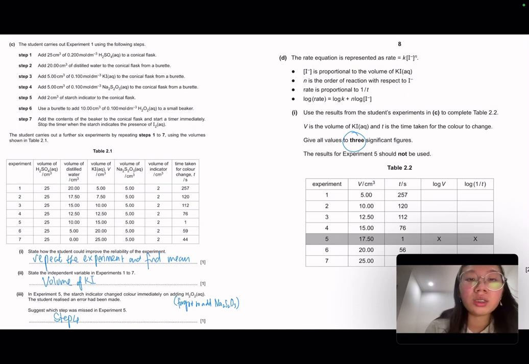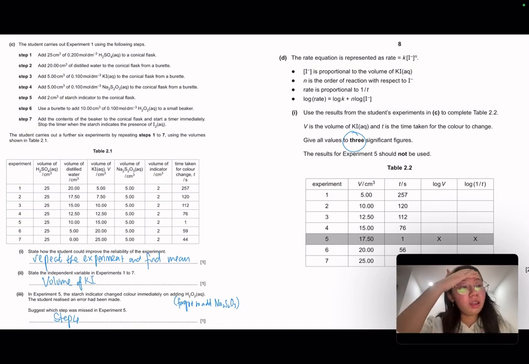Okay, state the independent variable in experiments 1 to 7. So what exactly is an independent variable? Independent variable is the only variable that you change in a reaction, because it has to be a fair test. There can only be one independent variable.